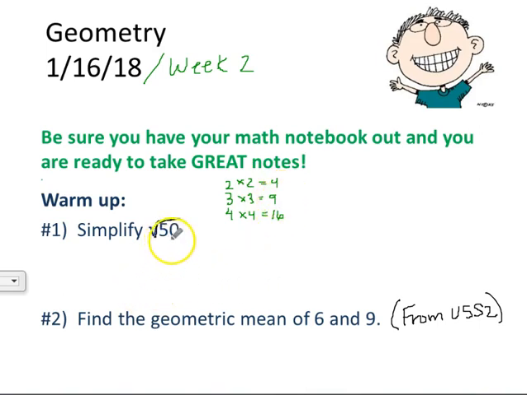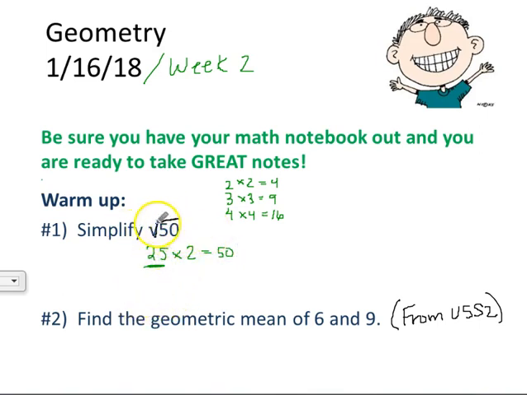So we want to look for factors of 50 that have a perfect square in them. And I'm thinking in my head, okay, 50, that's, if we have 2 quarters, we get 50 cents. So 25 times 2 gives us 50. And we know that 25 is a perfect square.